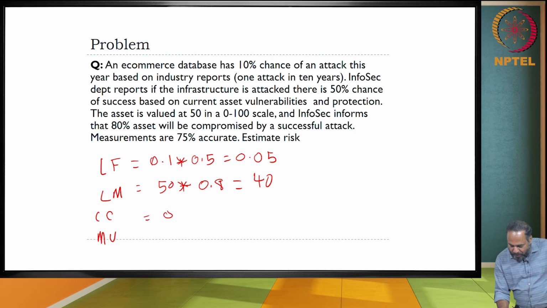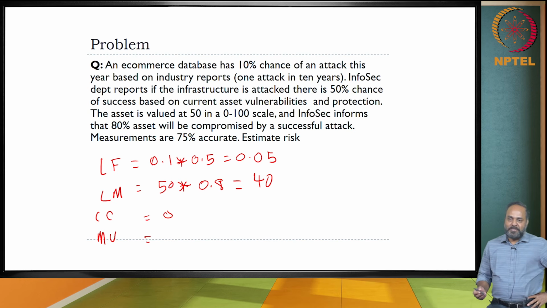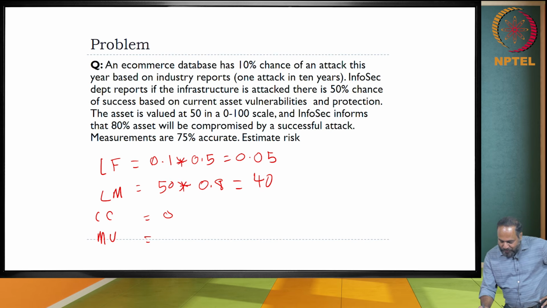So, then measurement uncertainty, there is an uncertainty of measurement, okay. So, you are going to calculate risk as probability to impact, LF into LM, right.